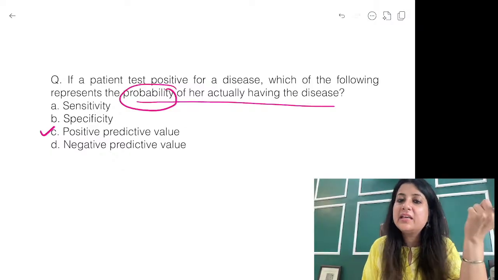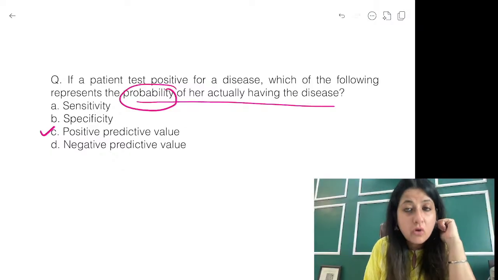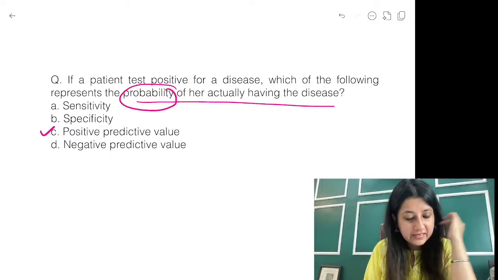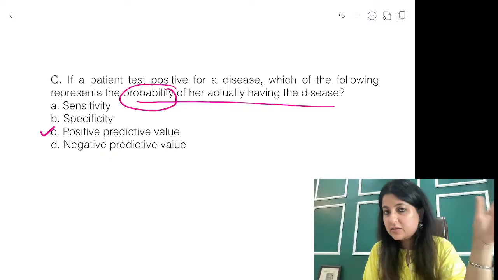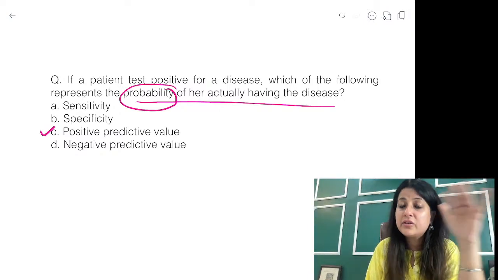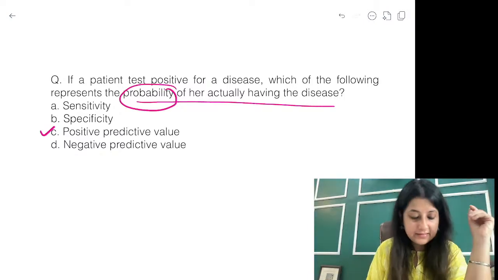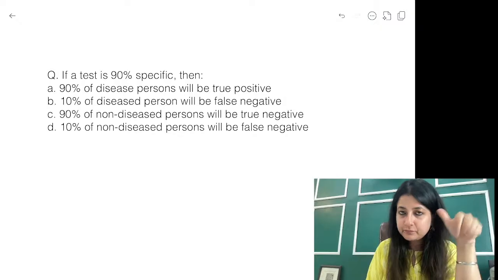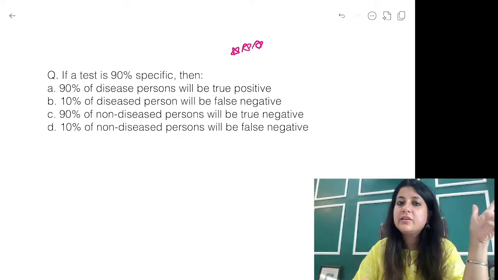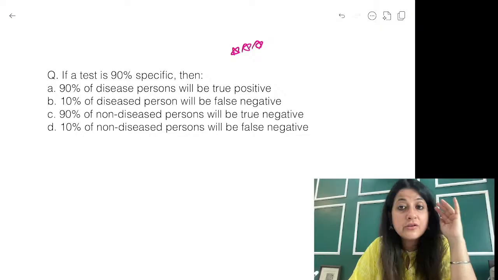I have come screening test negative. Do I really not have the disease? What is that, everybody? Negative predictive value. So over here the answer is PPV. Another 3-star question: instead of asking you the definition, they can ask you like this, and you know it, trust me.